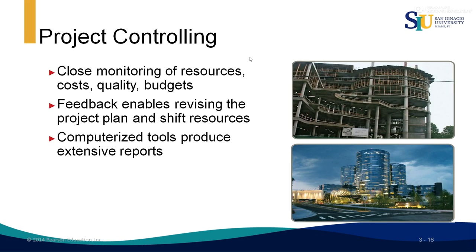Now, project controlling is a close monitoring of resources, cost, and quality. You would like to check whether the product that you design is behaving and performing as the plan supposed it to.